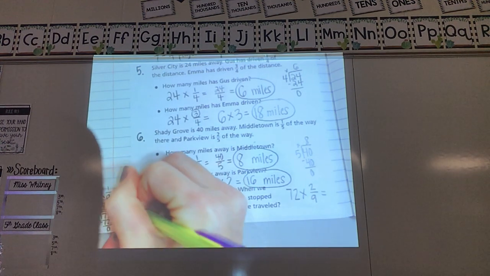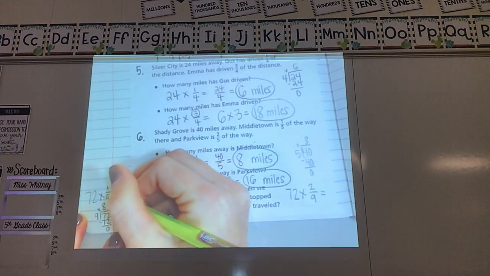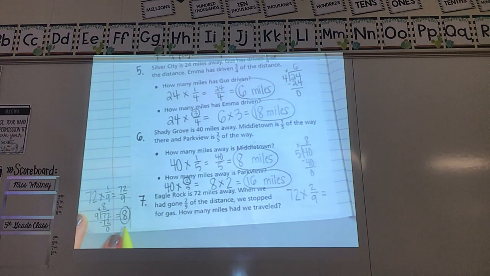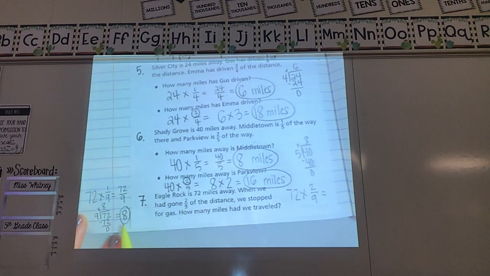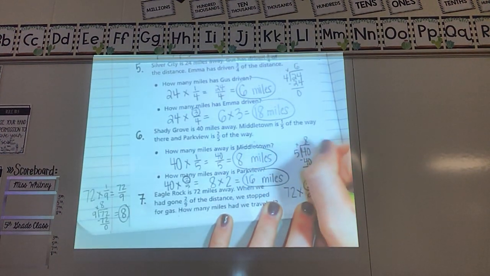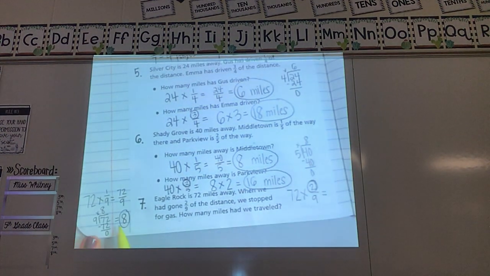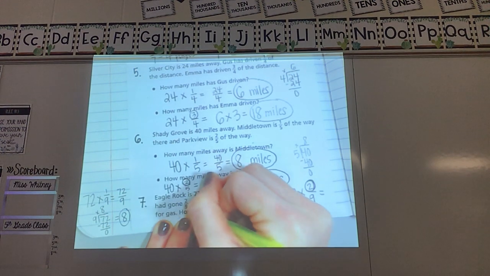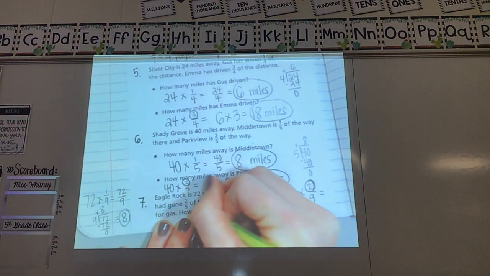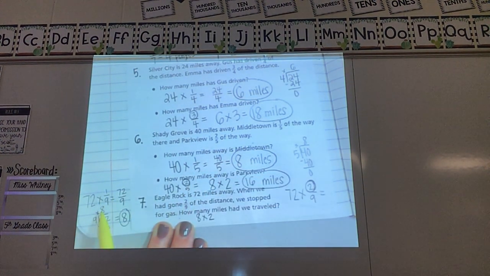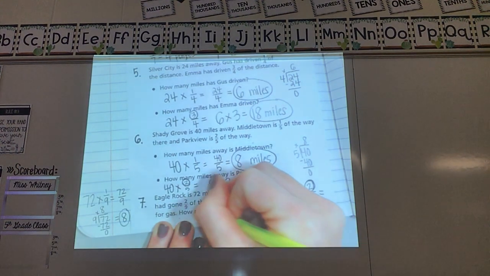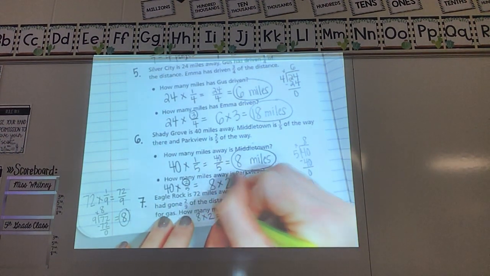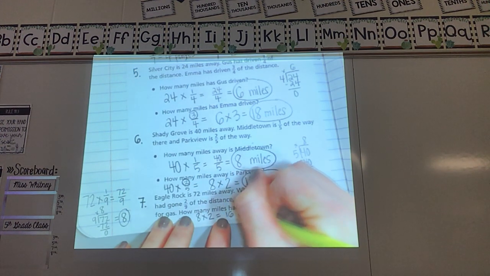All right, now we have to think. 1/9 was 8 miles. We want 2/9. So if I know that 1/9 was 8 miles, how am I going to figure out how much 2/9 is? I'm going to take 8 times 2. I just take my answer from 1/9 and times it by my top number, which is a 2. So 8 times 2 would be 16 miles.